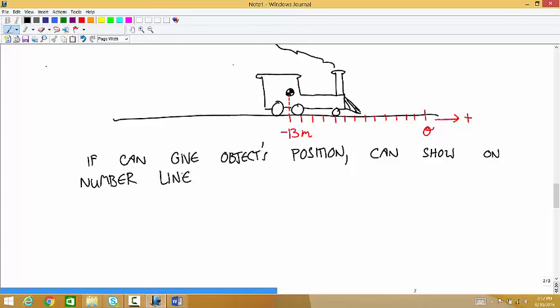So for this train, since it's moving along a line, it almost is already on a number line, but if you have positive that way, and your 0 here, here's negative 13, and that's the location of the train.